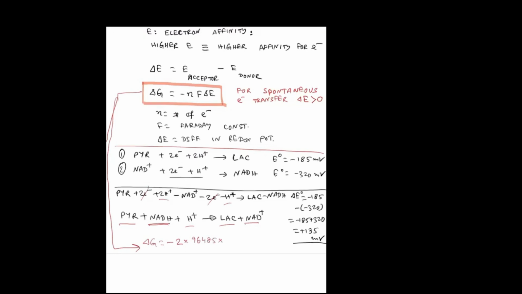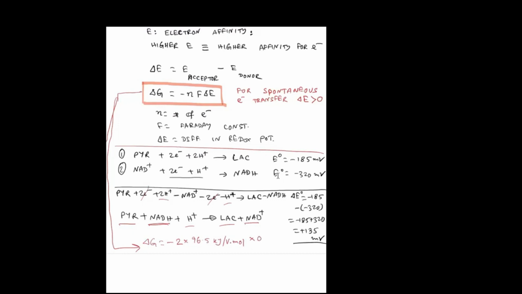I'll give specific numbers. It has a unit, so let's do 96.5 kilojoule per volt times mole, and that is the F. I also have delta E, which is 135 millivolts.